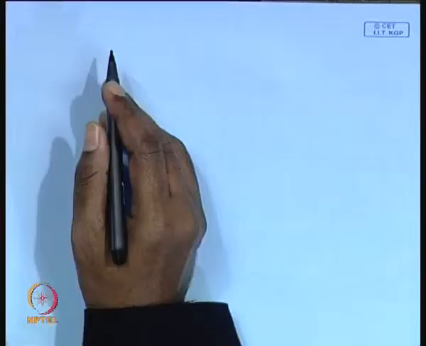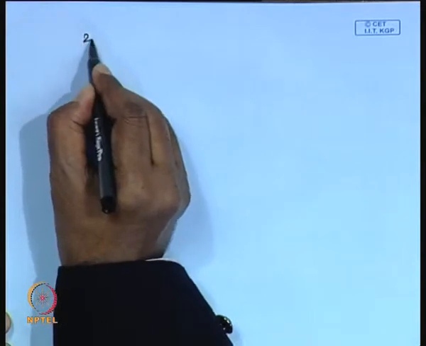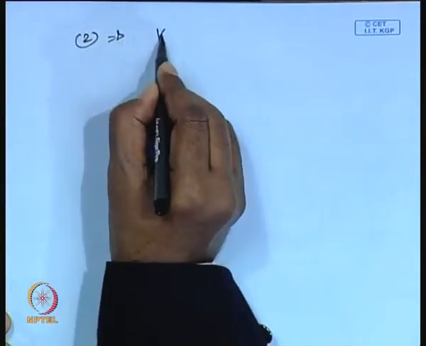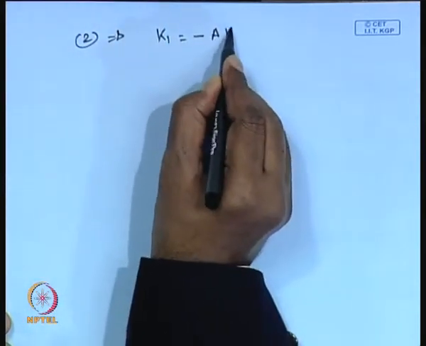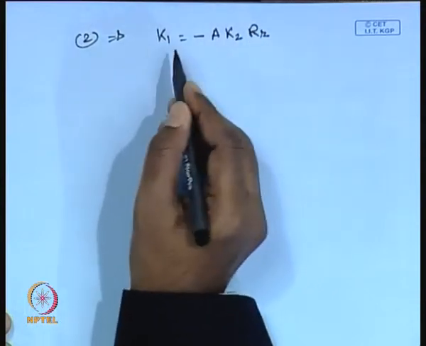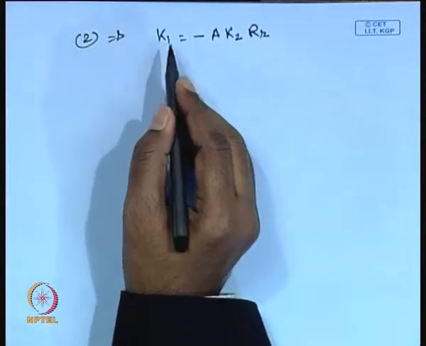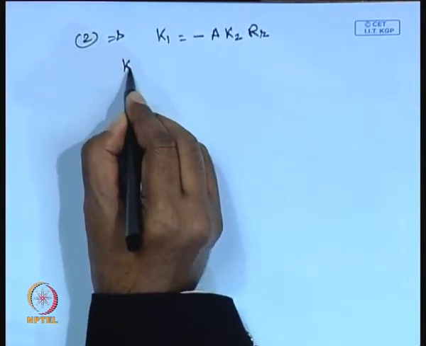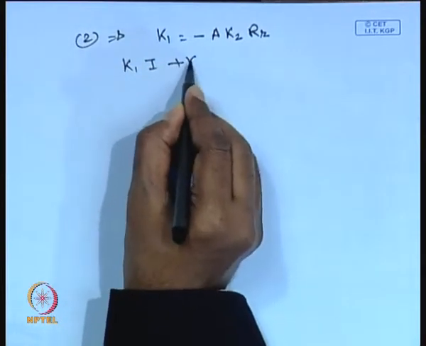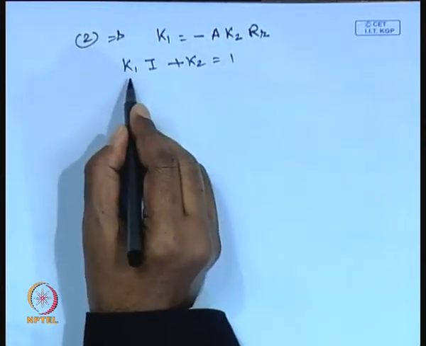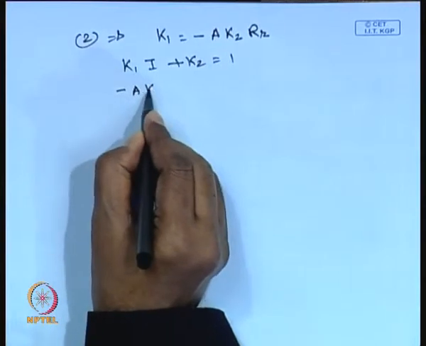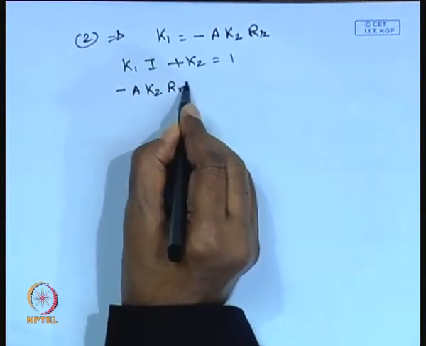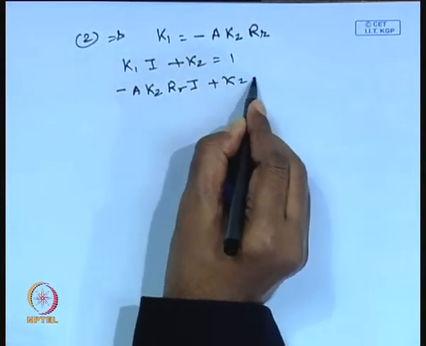Okay. So, from equation 2, we will get k1 is nothing but minus a k2 rr. You just put it into the first equation, that is k1 I plus k2 is equal to 1. So, k1 is minus a k2 rr I plus k2 is equal to 1.